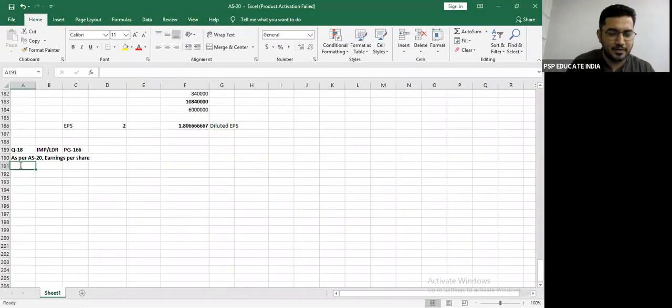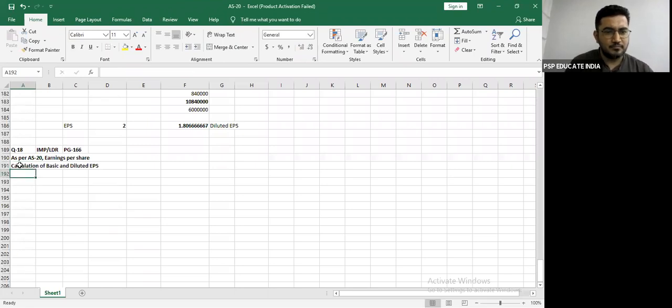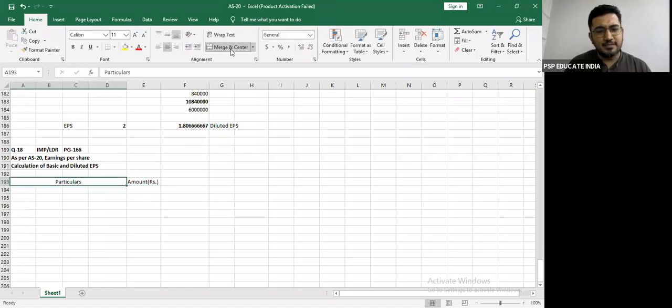Put your first statement. As per AS-20, earnings per share. Calculation of basic and diluted EPS. Particulars, amount in rupees. Solve this question along with me.